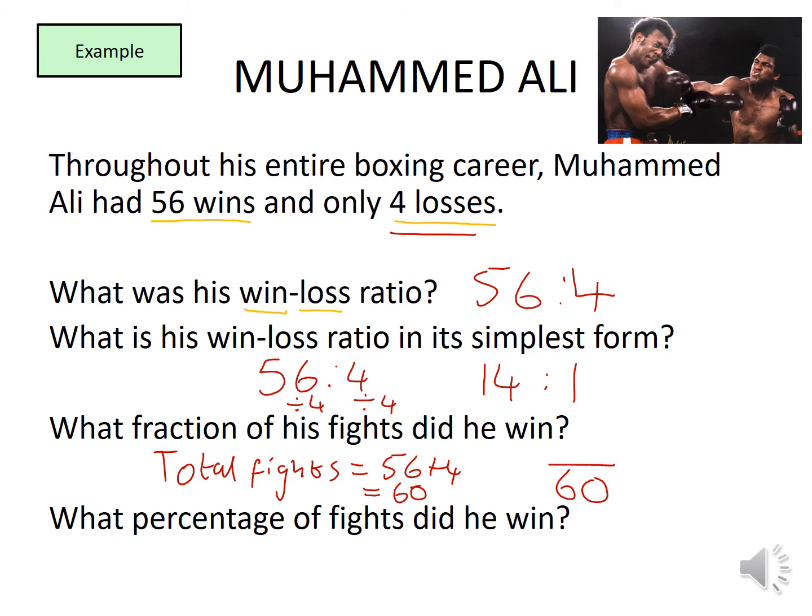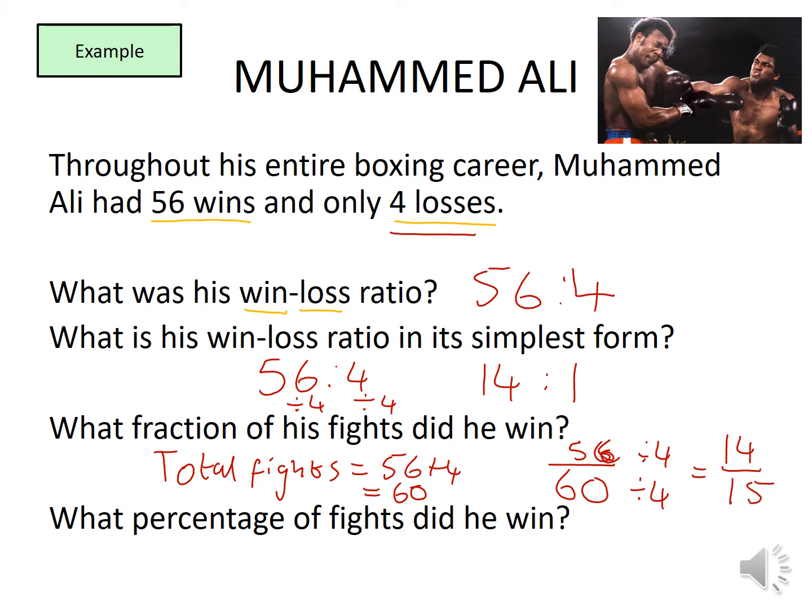He had 56. So our fraction is 56 over 60. Now, in order to simplify this, I must divide by its highest common factor. I'm going to divide top and bottom by 4, and that leaves me with 14 over 15.